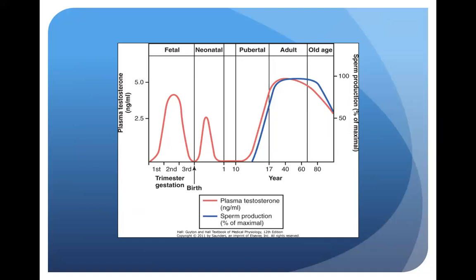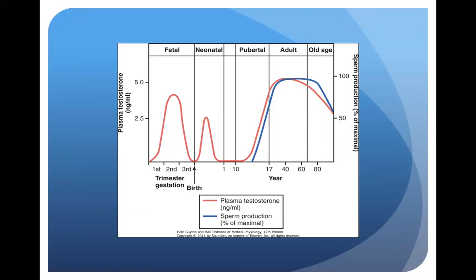And then, before delivery, tataas uli yun kasi kailangan sa descent ng testis. And then, after the neonatal period, halos wala ka nang testosterone. Ayan, no? Mababa. Coming from the testis, but you still have that from the adrenals. And then, after that, during puberty, tataas uli yung production mo ng testosterone.